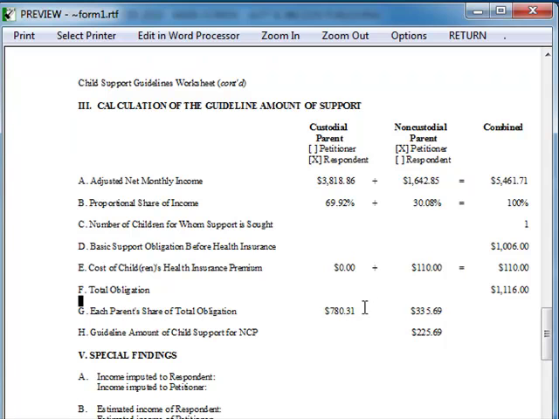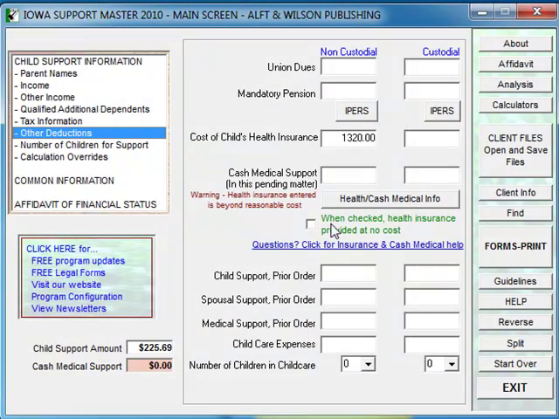So this parent's obligation is $780, which is the custodial parent. This parent is $335. But the program then takes out the $110 that this party is paying for the health insurance policy and makes the child support amount $225.69, and then of course the client would be paying the $110 per month. So their total obligation is $335, even though that cost is not reasonable.